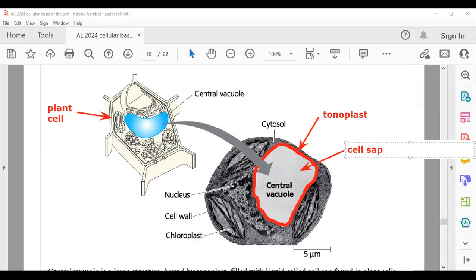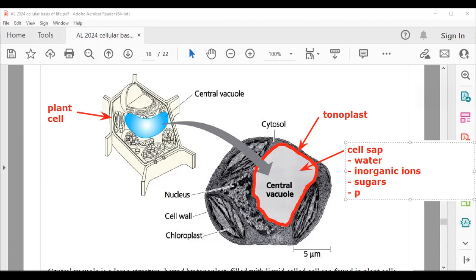In the cell sap, there will be water, inorganic ions, sugars, pigments, and several other components. Understood? Good. Please mark it down.